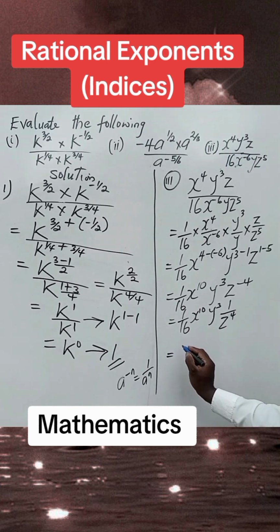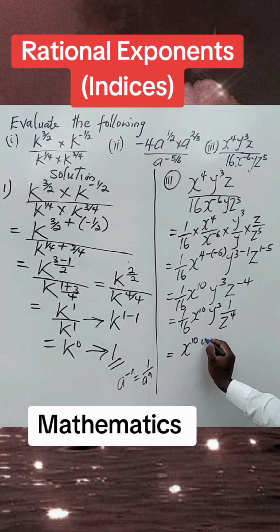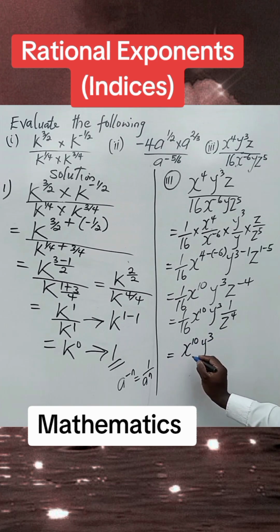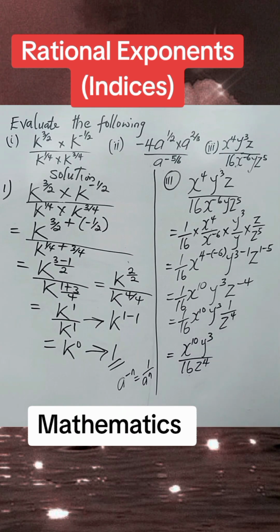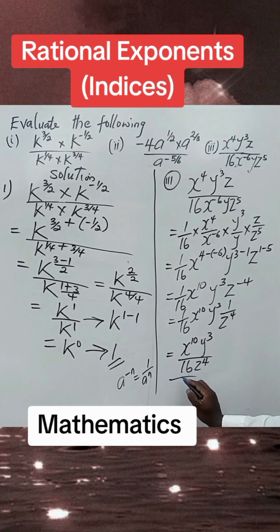Quickly you simplify it, and it gives x to the power 10, y to the power 3, all over 16 z to the power 4. This is now the simplification.